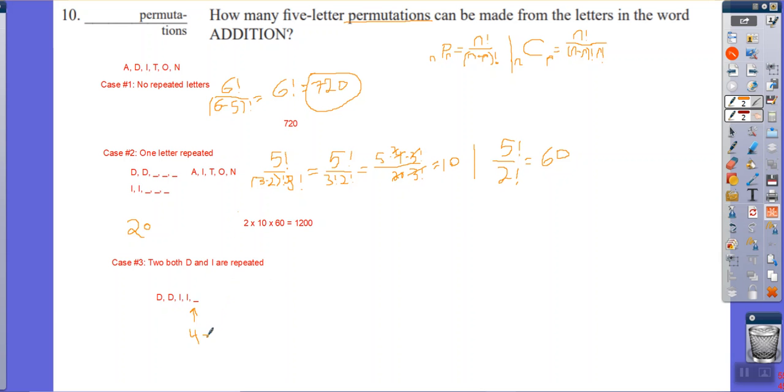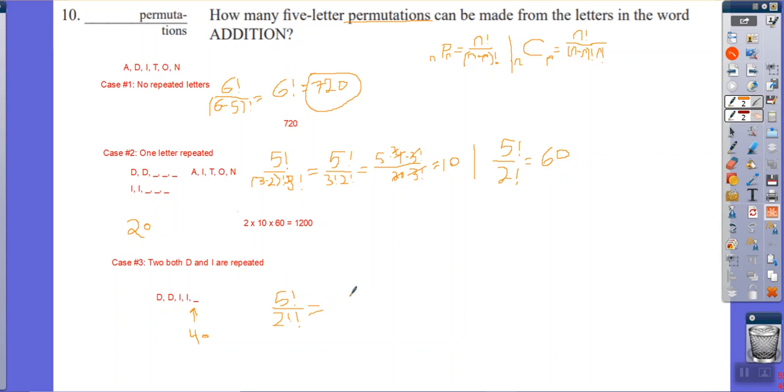So now we have to worry about how we scramble those. And so that's going to be 5 factorial, and I have 2 letters that are repeated, so that's going to be 2 factorial divided by 2 factorial.